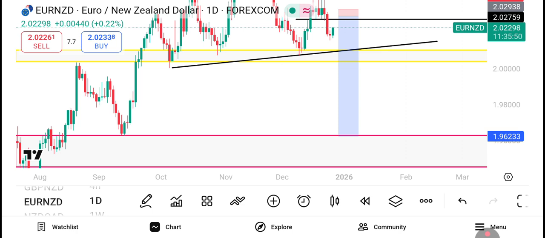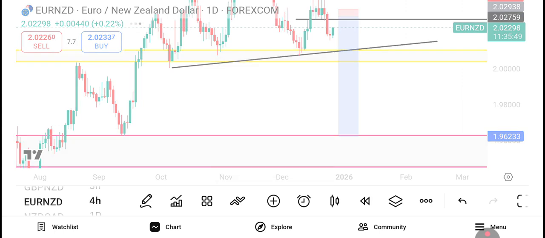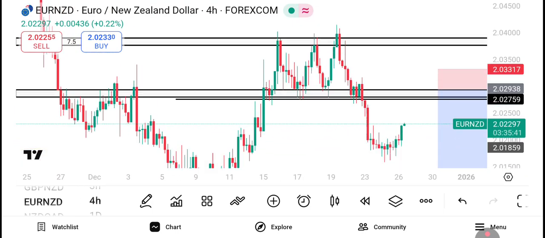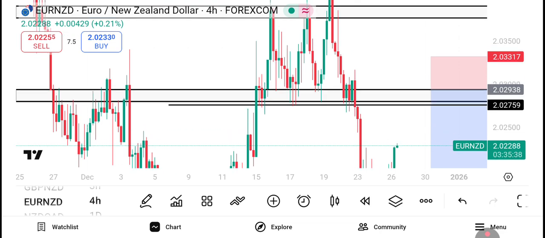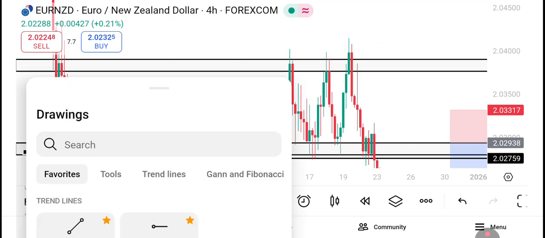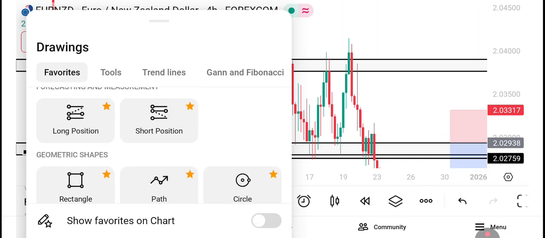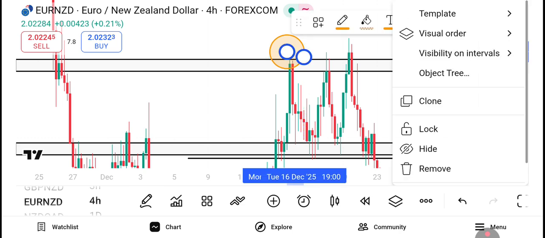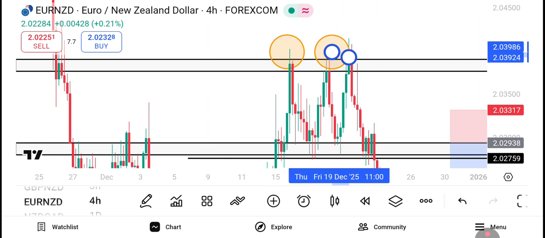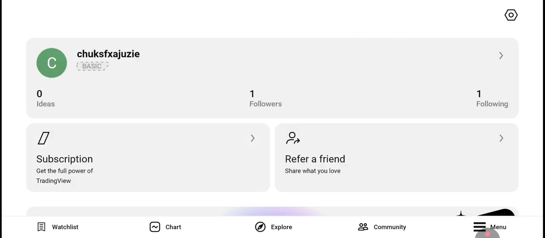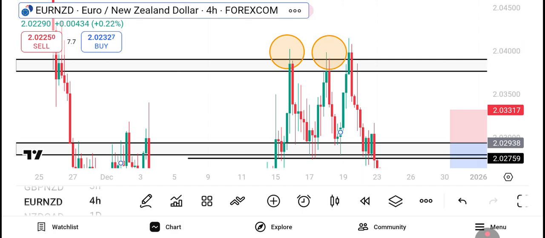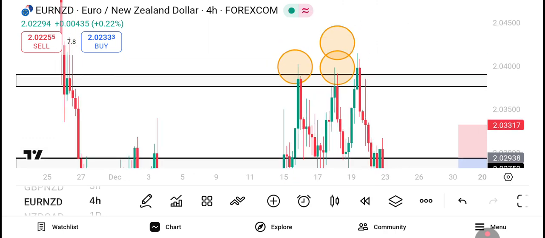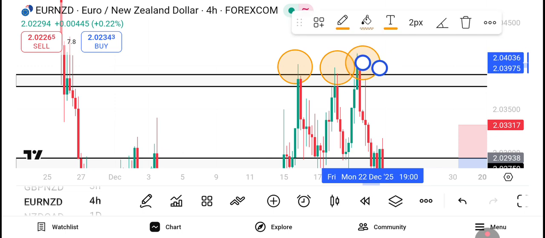So how do we capitalize on that move? We move over to 4 hour time frame, and you can see in the 4 hour time frame we have much rejection here, and we have rejection here.